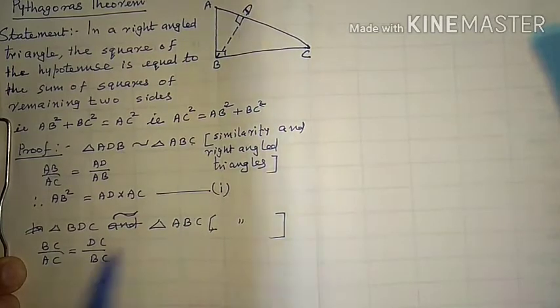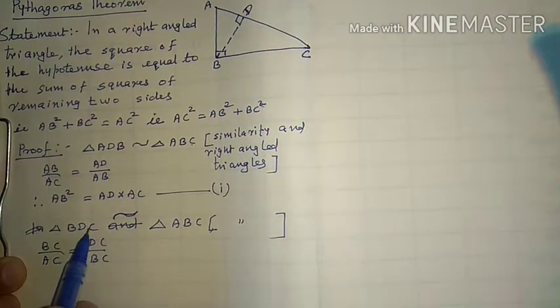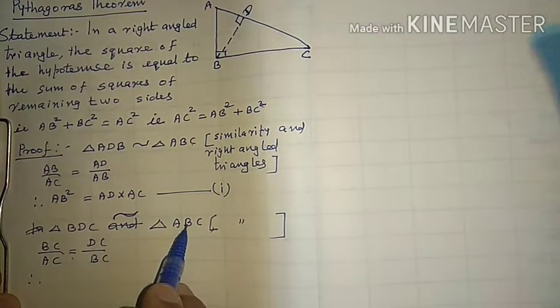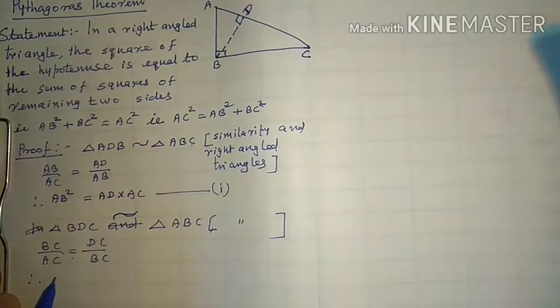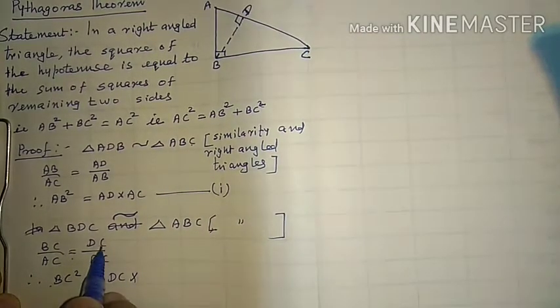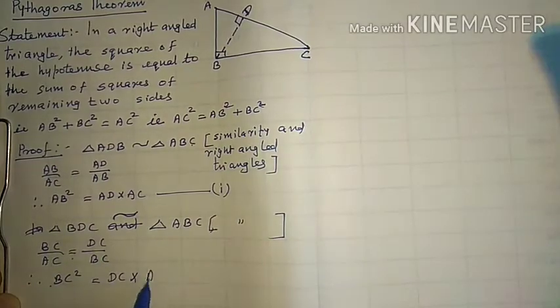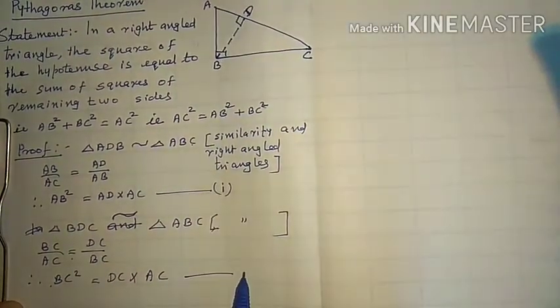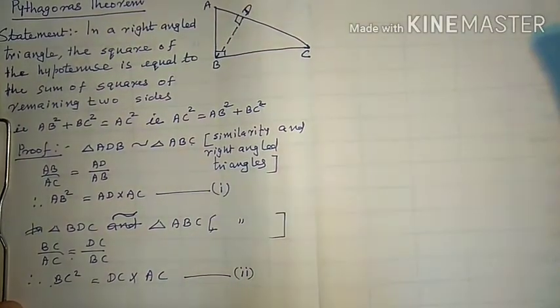BC upon AC is equal to BC upon this BC. The triangles are similar, therefore sides are proportional. Cross multiply. BC into BC, BC square is equal to BC into AC. This we call result number 2.